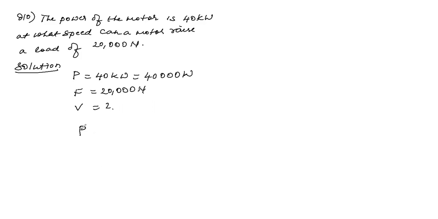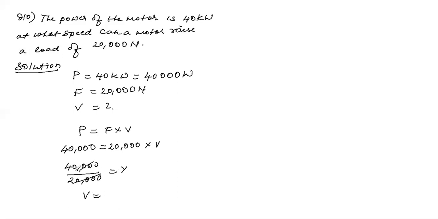Now we saw power is force into velocity, children. Kilowatt is a higher unit, so you make it into SI unit: 40,000 watt equals 20,000 into V. So 40,000 upon 20,000 is equal to V, children. That is 2 meters per second.